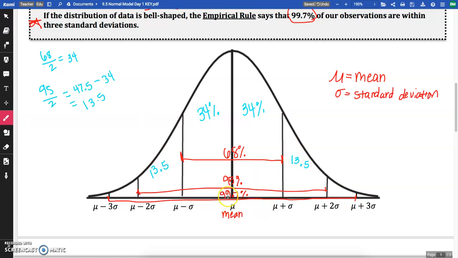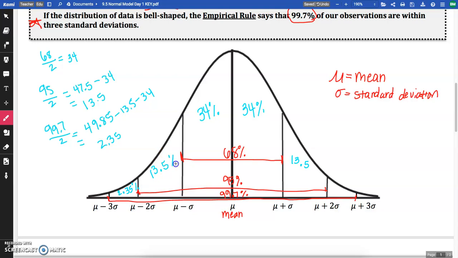Then I'll repeat that with 99.7% of the data, split in half. That would give me 49.85. So these 3 columns together is 49.85. I'll subtract the ones I already know, 47.5 minus 34 is 13.5, so 49.85 minus 47.5 gives 2.35 for this tiny piece here, 2.35%.